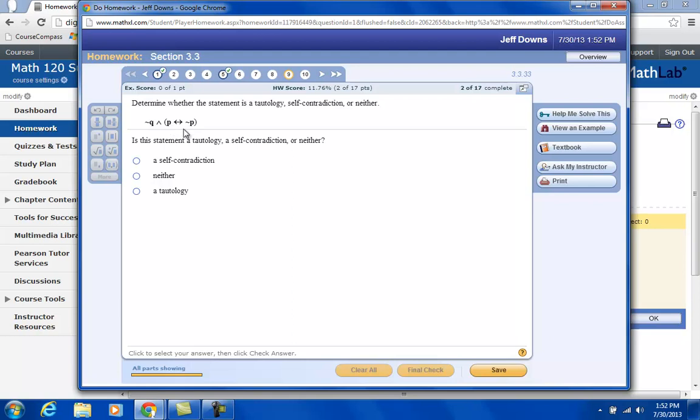Now, biconditional is only true when they're the same thing. They're both true or both false. So the second part's always false. No matter what Q is, this part's always false. This is like saying it's sunny if and only if it's not sunny. Well, that's never going to be a true statement. So, given that it's an and, they both have to be true, so this will never be true.